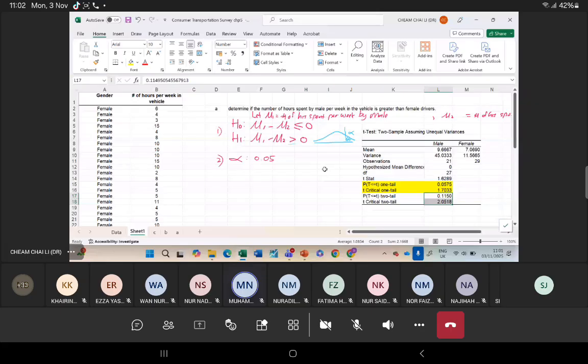Yeah, your test statistic, you boleh terus highlight. This is your test statistic, right? You can use different color. Yeah, this is your test statistic. Okay, so your test statistic equals 1.6289.